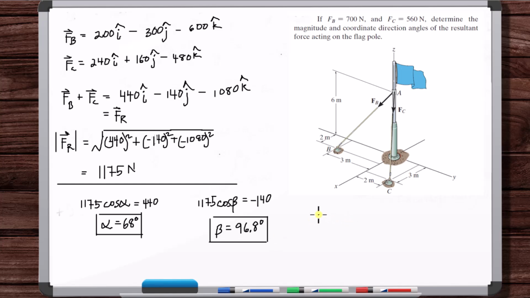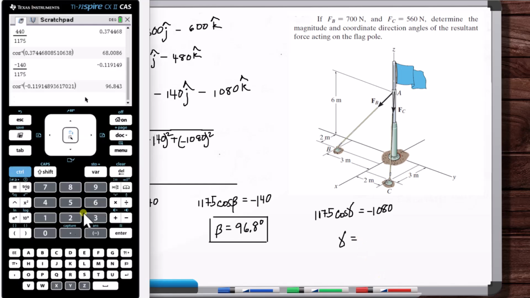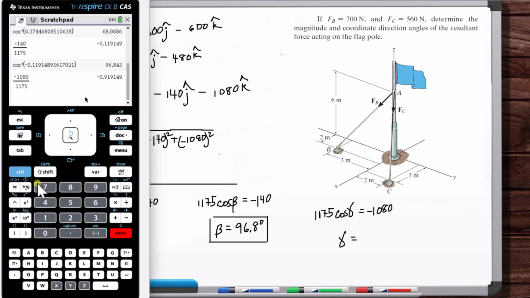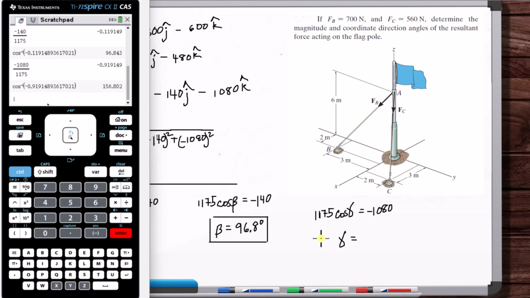Now 1175 cosine gamma is equal to minus 1080. So gamma is the inverse cosine of minus 1080 divided by 1175, which is 156.8 degrees.